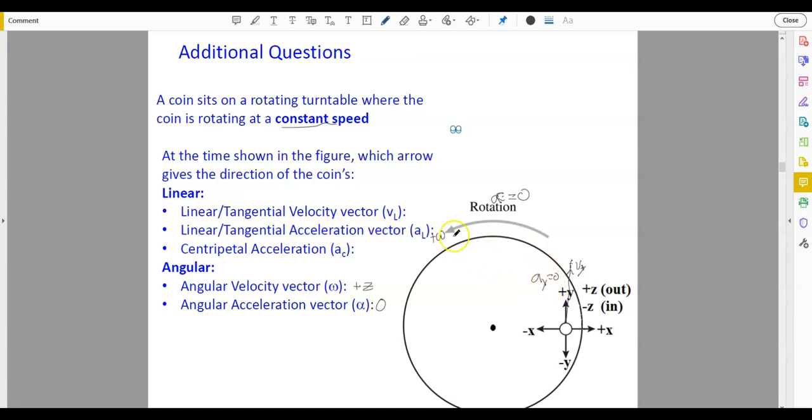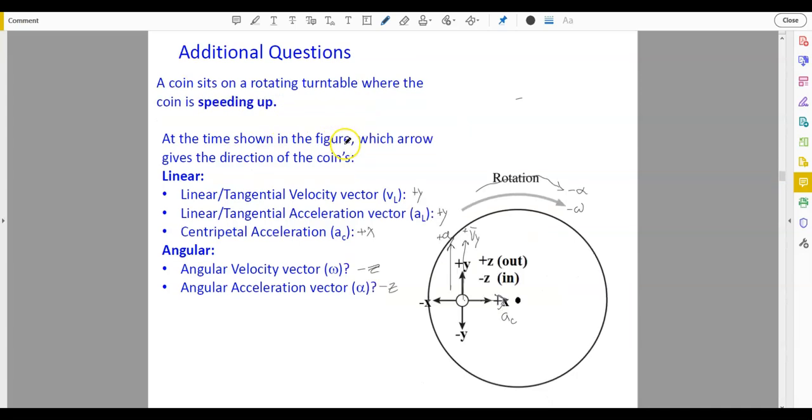So its tangential acceleration is 0, but its velocity vector is in the positive y direction. At this instance, the coin is being pulled towards the center of the circle by the centripetal acceleration, v squared over r, and that's going to be in the negative x direction. Okay, I hope you learned a lot from that.